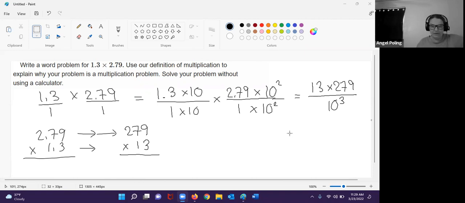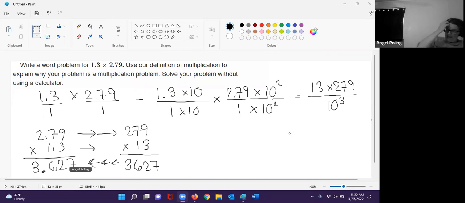And as a result, I'm going to use a calculator this time. We had 279 times 13. We had the answer 3627. And then we said, because we arrowed over to the right 3 times, we're going to arrow over to the left 3 times, moving our decimal place 3 places to the left.